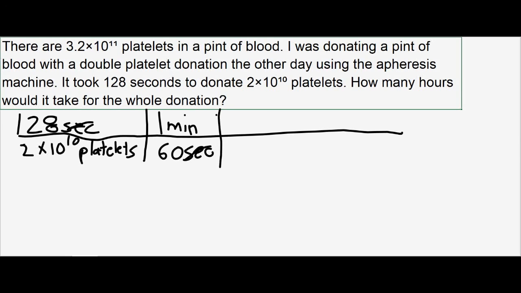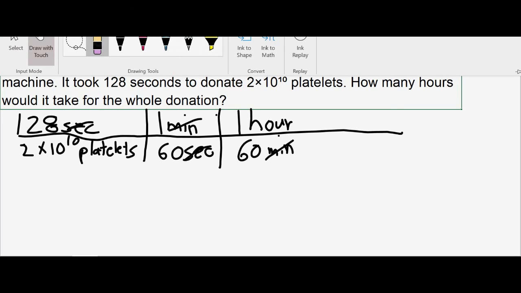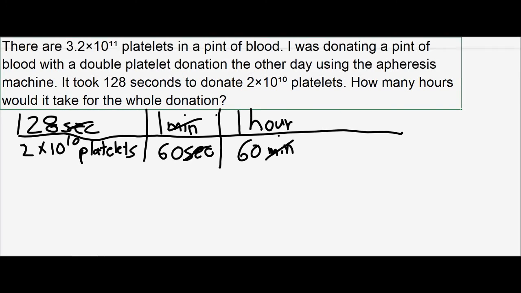I really want the hours per platelet. So now I'm going to multiply by 1 hour per 60 minutes. And once again, the minutes will cancel out. So now I can actually go in and do that math.